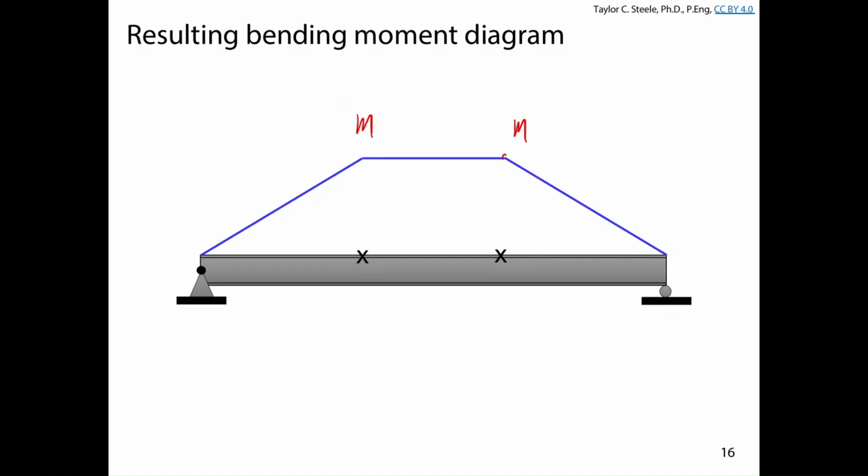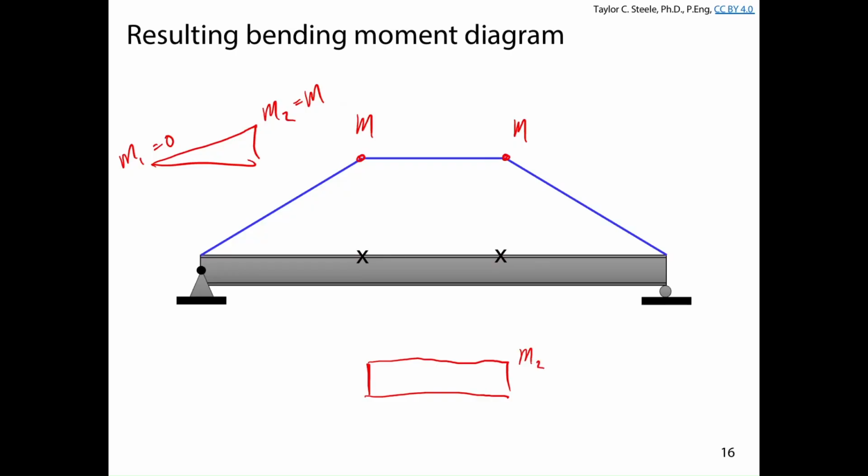and M. Right, and so if we're to break out the segment at the left-hand side, we have M2 and M1. M1 is equal to 0, M2 is equal to M. The middle segment has a moment of M2, M1, both of which are equal to M. And then the right-hand segment here, we have M2 equal to 0, M1 equal to M. And so we've got three different segments with three different moment gradients.